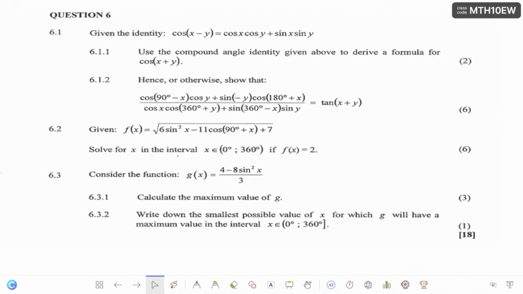No, it's question 6. So question 6, they said given the identity cos(x minus y) is equal to that. So now we need to use the compound angle identity given above to derive a formula for cos(x plus y). Okay.